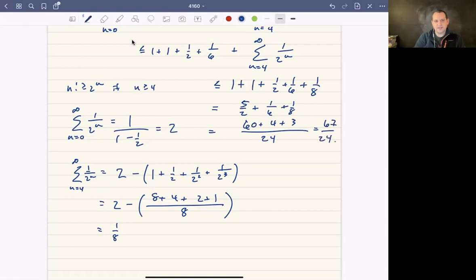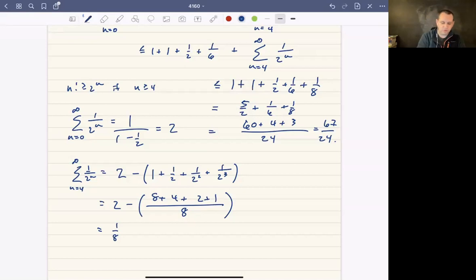And what this does is give us an upper bound on e. So 67 over 24 is 2.7917. Okay, that's the idea. And of course, we know e is 2.718.